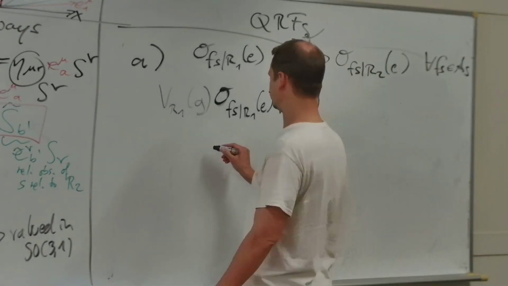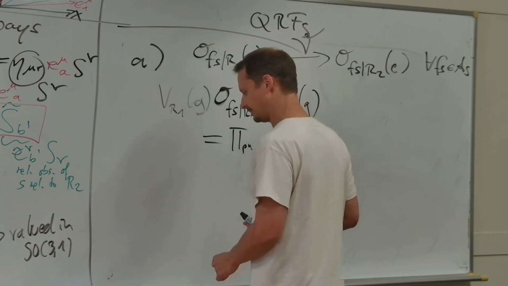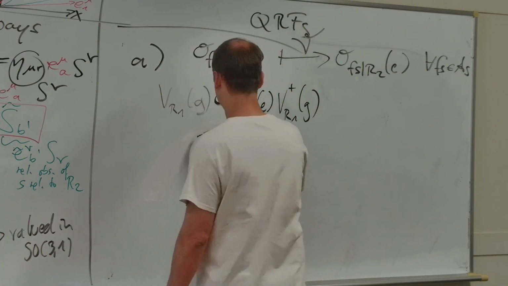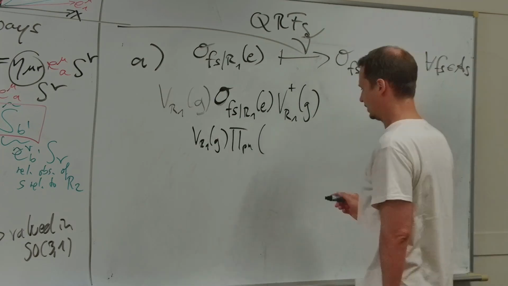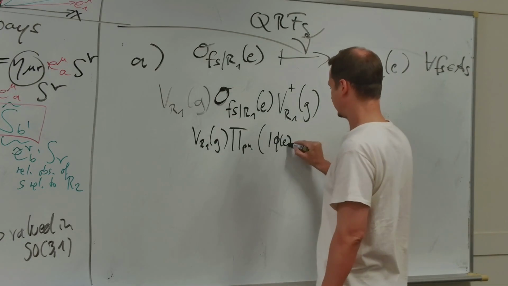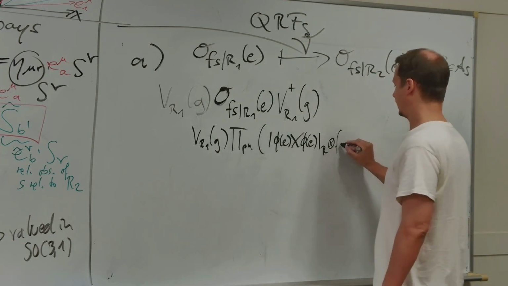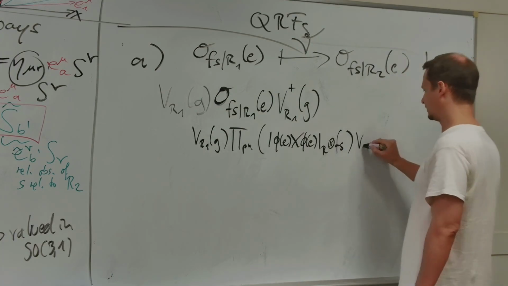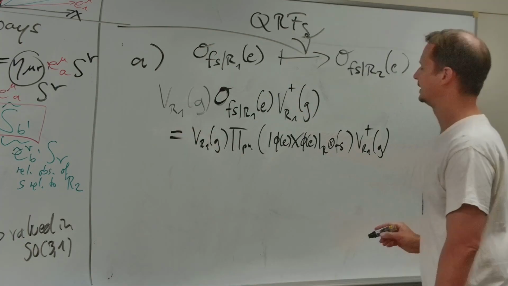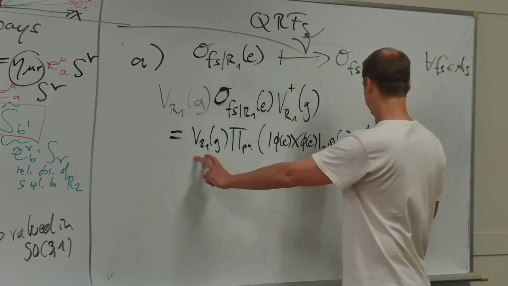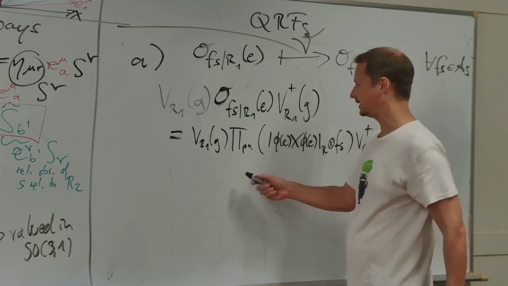So this here, we had defined this as E_R1 Π_PN, and then here in this case would just be this F_S, and then we have E_R1 g dagger. So that's rewriting that. Now recall that these reorientations commute with all gauge transformations, so they commute with Π_PN, so I can pull this inside.